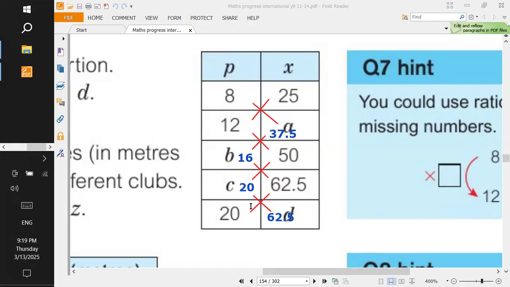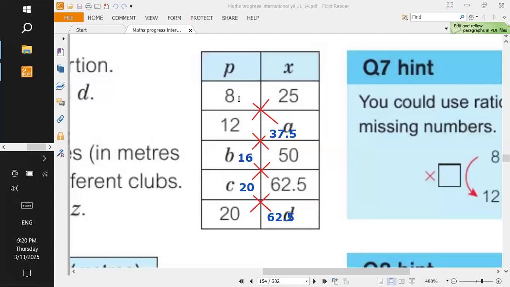Basically, multiply this by this, so 8 times 37.5, and then divide it by 25. I got 12. Good. So this one's good. Here we multiply 12 by 50, and then divide it by 37.5.